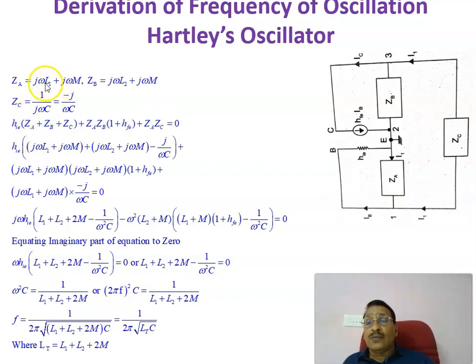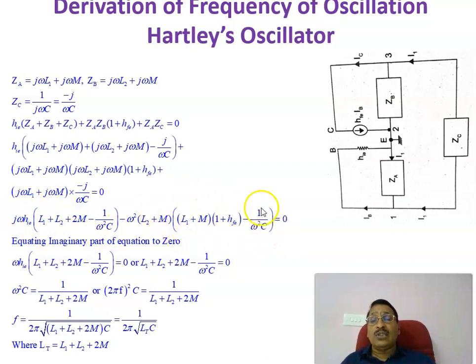Substituting these values of ZA, ZB and ZC and equating to 0, you will get an equation clubbing all the imaginary terms as well as the real terms, relating the inductance values, the mutual inductance and the frequency omega. You will get an equation that contains the imaginary part plus the real part.